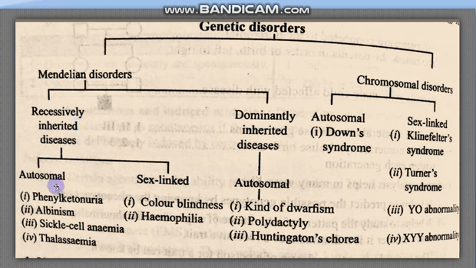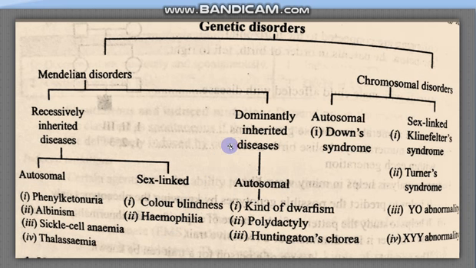One is autosomal, that is, because of the autosomal chromosomes, and the other is sex-linked, that is, the disorder is present in the sex chromosomes. The autosomal Mendelian disorders are phenylketonuria, albinism, sickle cell anemia and thalassemia. And the sex-linked ones, as you already know, are color blindness and hemophilia.